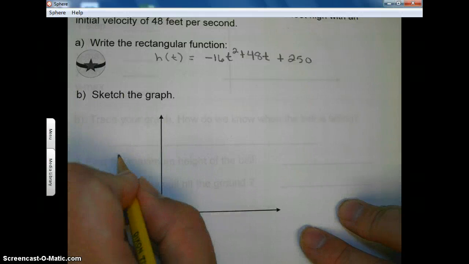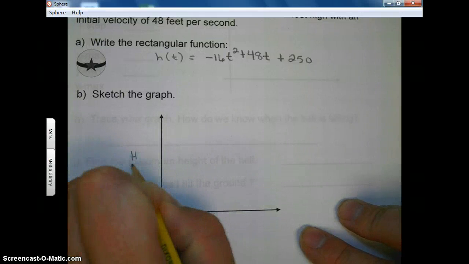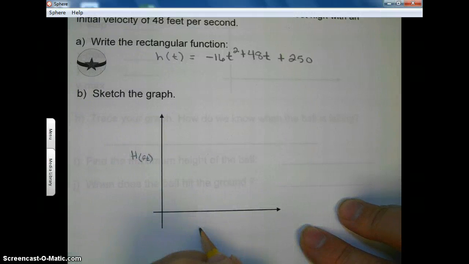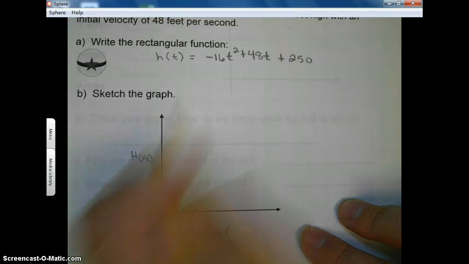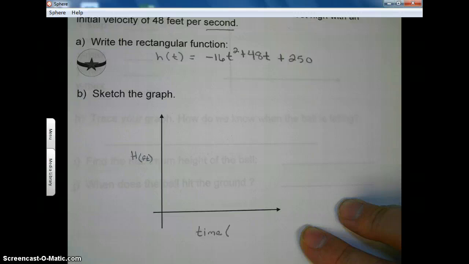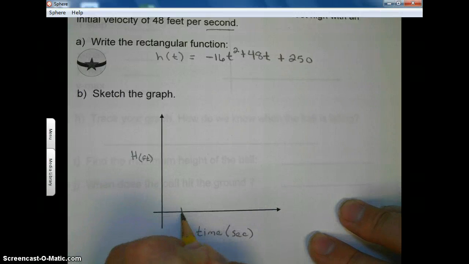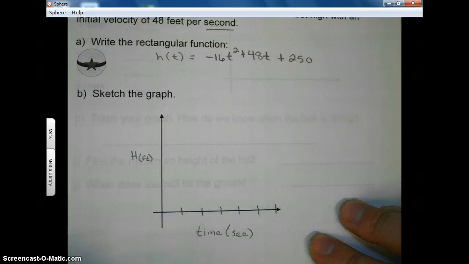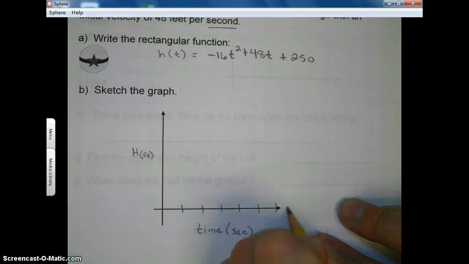Alright, let's draw a sketch of this. We're going to put our height over here in terms of feet, and our time down here in terms of seconds. It's a ball that's thrown up in the air, so let's see, 1, 2, 3, 4, 5, 6, that's t.